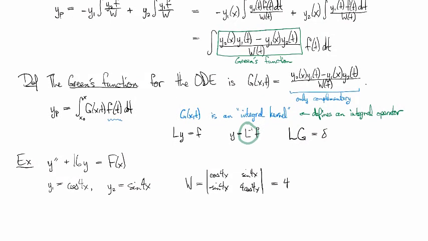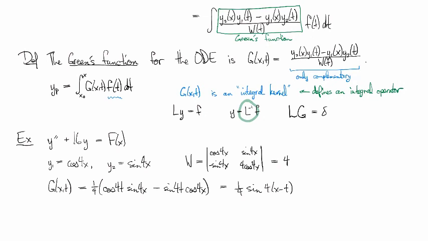So our Green's kernel is going to be 1/4. That's our 1 over the Wronskian. And then we have cosine 4t sine 4x minus sine 4t cosine 4x, which after some trigonometric formula looks like 1/4 sine of 4 times x minus t.